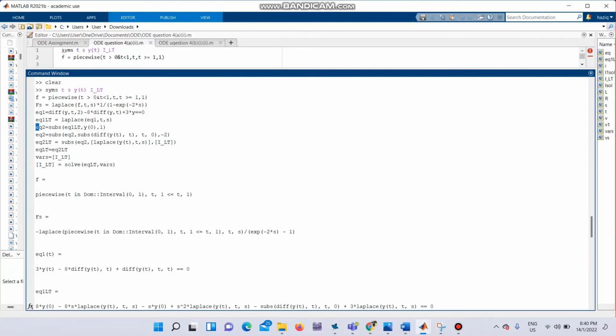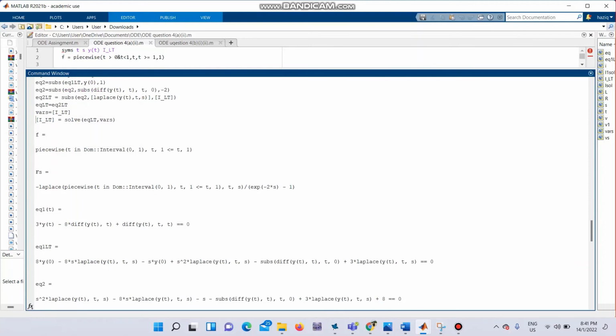The next is equation 2 subs equation 2, subs derivative of y(t), t, 0 and negative 2. The next is equation 2 lt equal to subs equation 2, Laplace of y(t), t, s and I_lt. The next is equation lt equal to equation 2 lt, vars equal to I_lt. The next is I_lt equal to solve equation lt and vars.